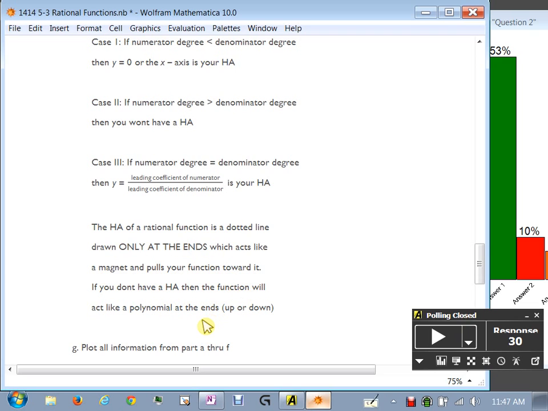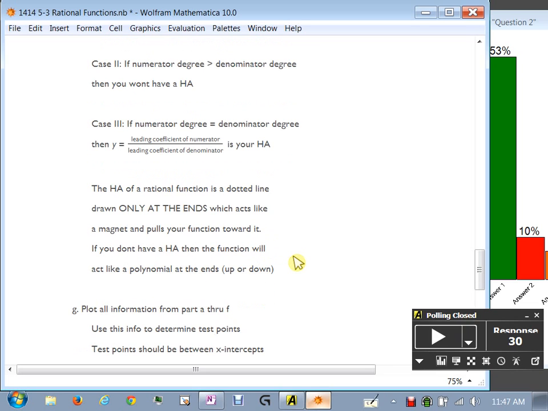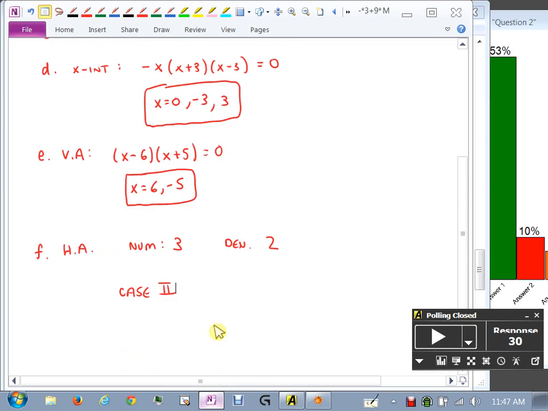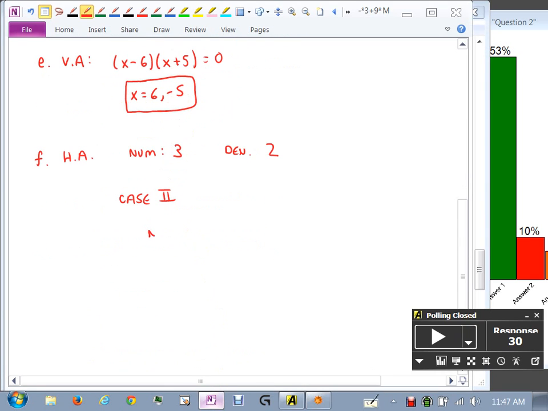The function will act like a polynomial at the ends, meaning polynomials went and did this left, right, up, down thing. That's what it will do at the ends. Now, whether or not it's up or down, we're going to have to figure that out, and we'll use the test point to figure that out. We are going to say here no horizontal asymptote.